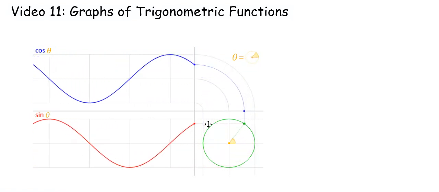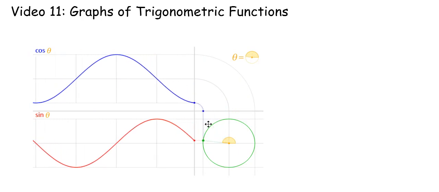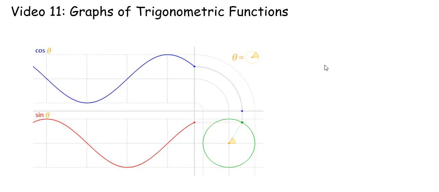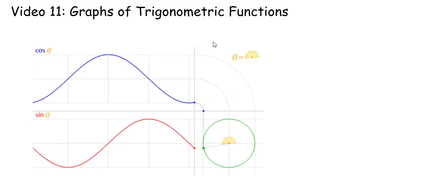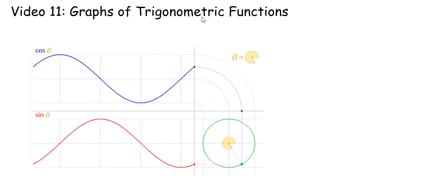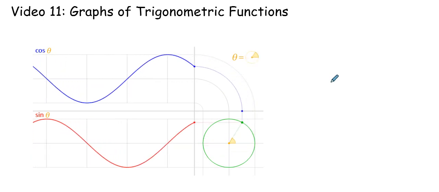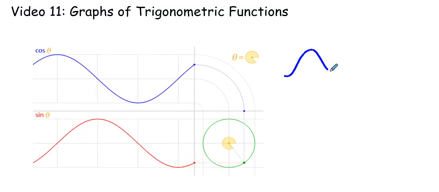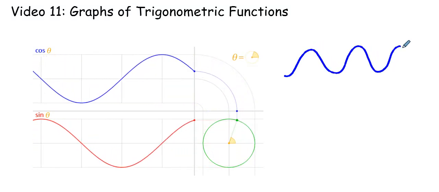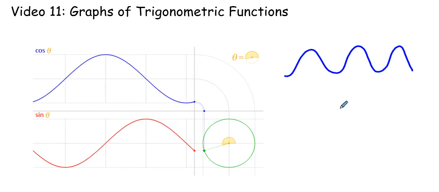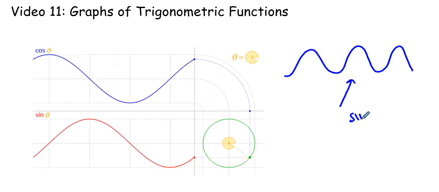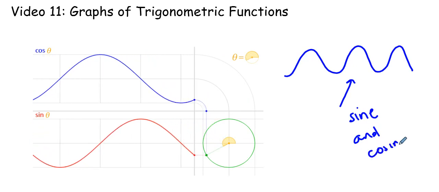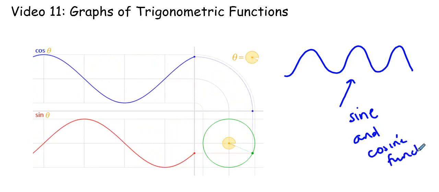They should look, there's something similar about them. So I'm going to show you here. The sine and the cosine function are both considered to be sinusoidal. Okay, so if I drew this graph here, something like this is both the sine and the cosine function.